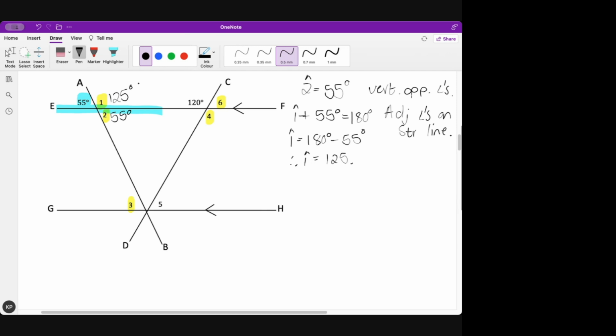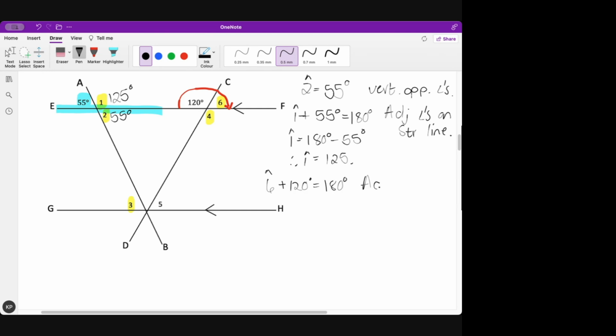Okay, 6 is equal to 60 because of adjacent angles on a straight line. Okay, so we moved on to the other side. These ones, that whole angle there is equal to 180. So I can say angle 6 plus 120 degrees is 180 degrees.